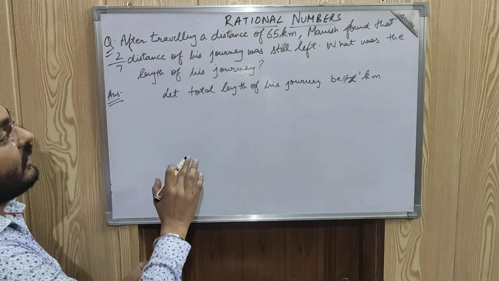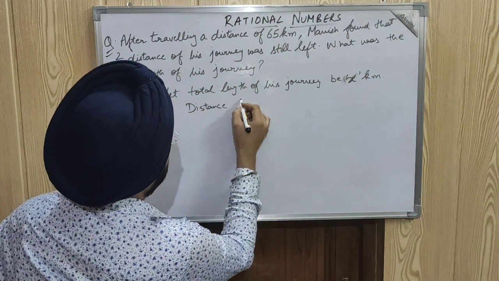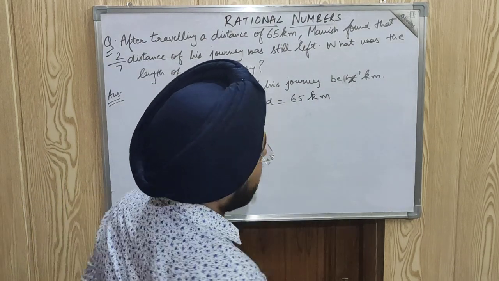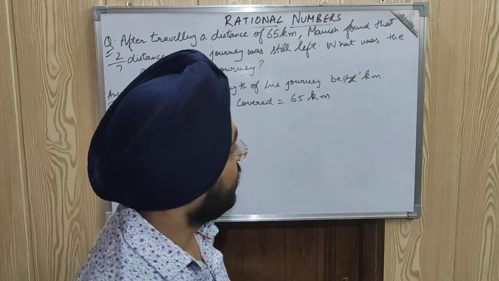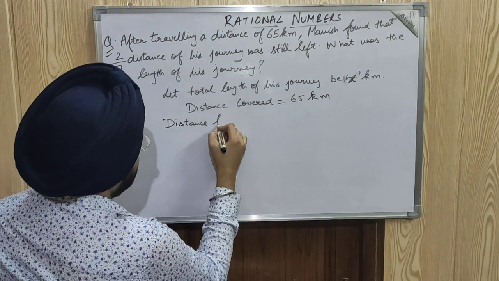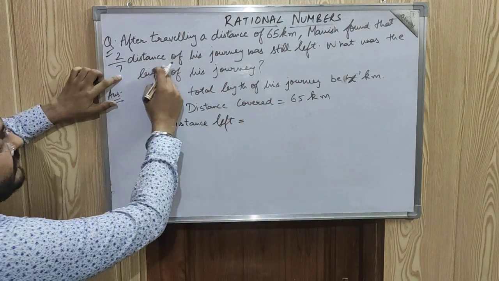So now he is saying here the distance traveled by him, or I will be saying the distance covered by him. That is what we have given with 65 km. Now the distance left. So distance left is, he is saying 2 by 7 distance of his journey.